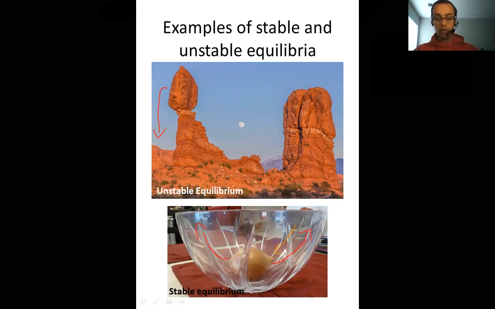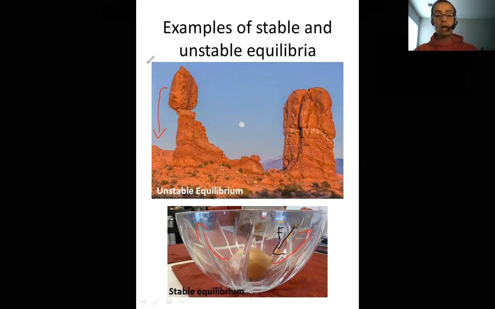So this would be the force of gravity, let's try this in black. The force of gravity is going to try to get this back towards a stable equilibrium when this equilibrium is disturbed. So that's an example of a stable equilibrium. The onion is going to try to fall towards the center of the bowl when this equilibrium is disturbed.